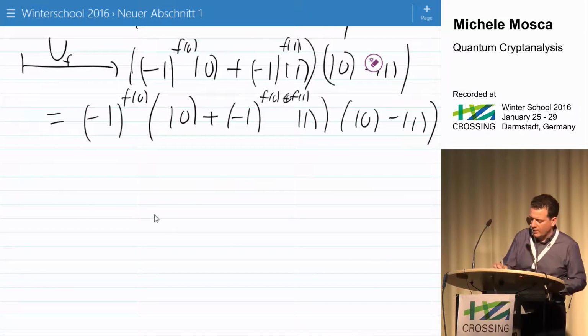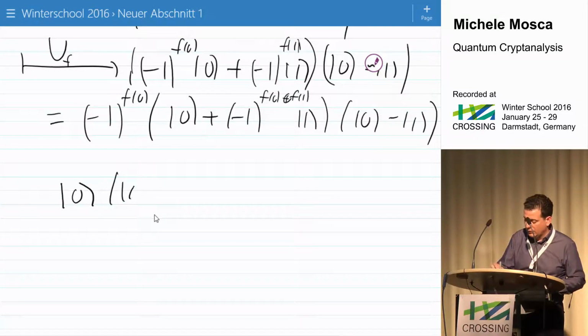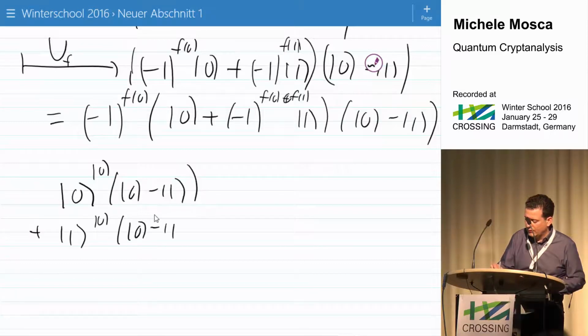So let's try this. You have 0, 0 minus 1, and again there's an extra workspace there, plus 1, and that workspace 0, 0 minus 1.